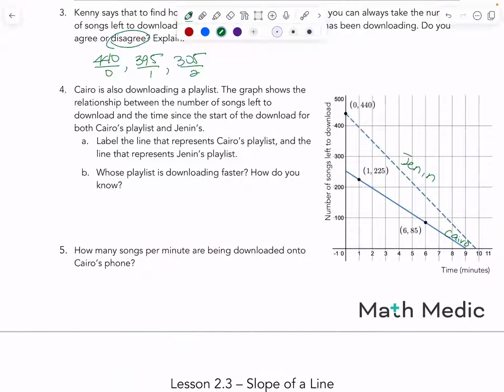Well, now we're back. Jenin's line is steeper, so she is downloading faster. How many songs per minute are being downloaded onto Kairos' phone? Go ahead and pause the video.